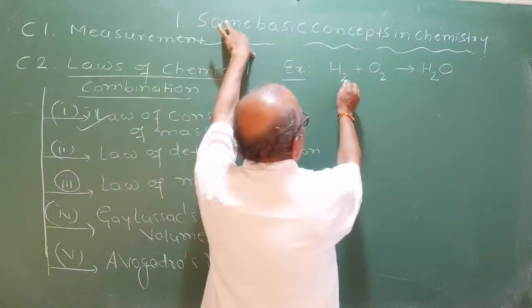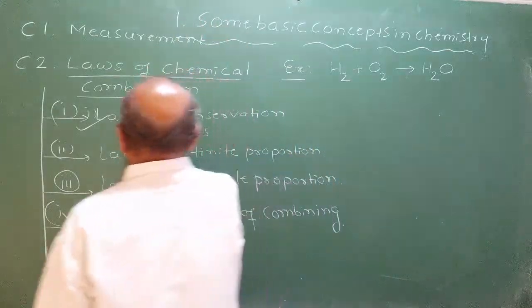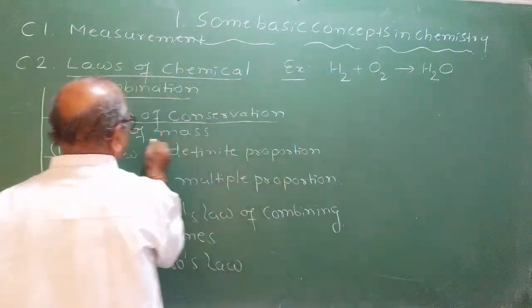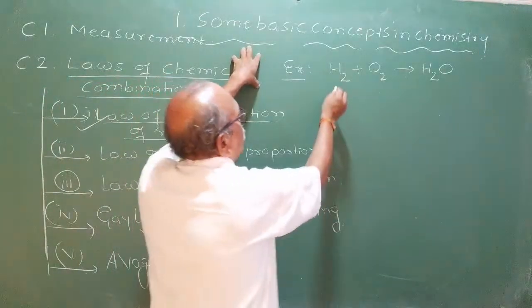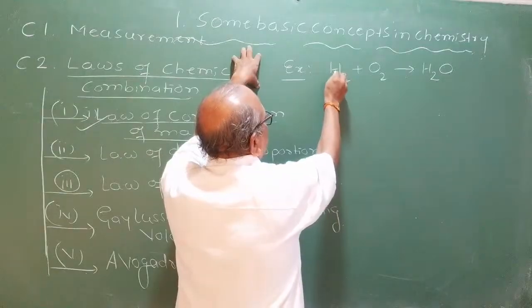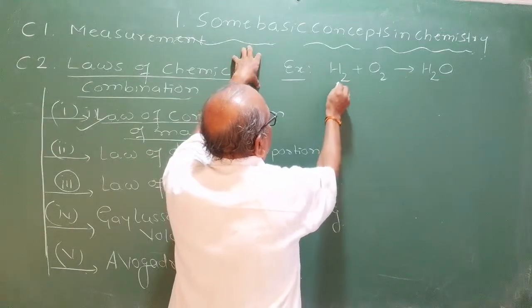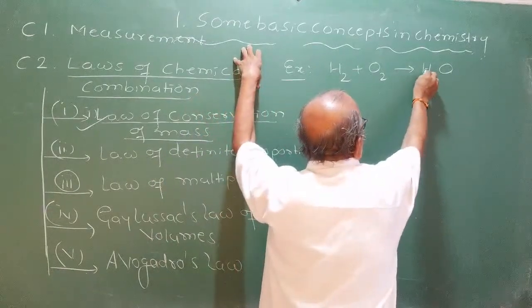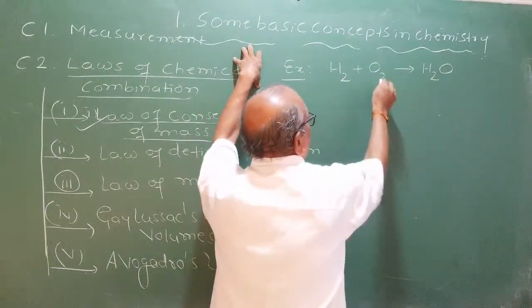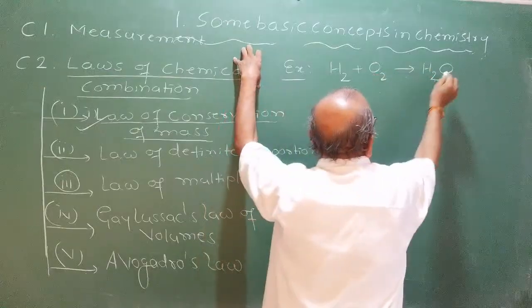Observe here. What the law of conservation of mass states is that matter can neither be created nor be destroyed. Now see here. As of now, you know hydrogen has 2 hydrogen atoms here. How many hydrogen atoms on the right hand side? 2. Now oxygen atoms are 2 here, and oxygen atom is 1 here.